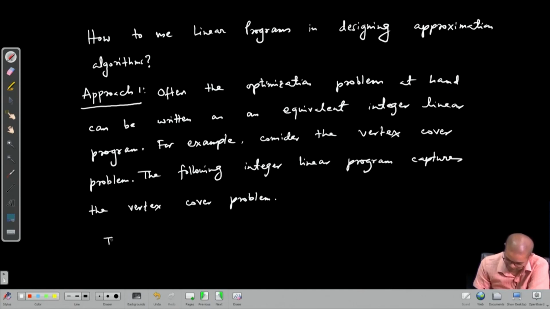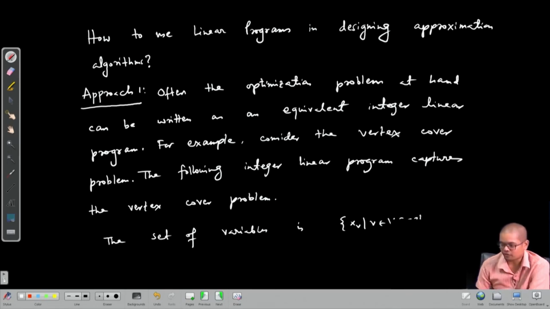The set of variables is xv, where v is in the set of vertices.